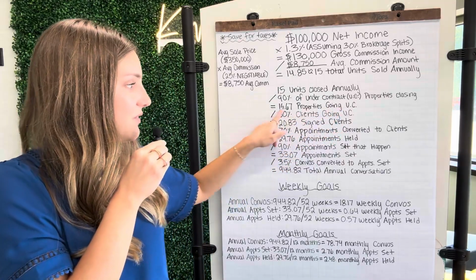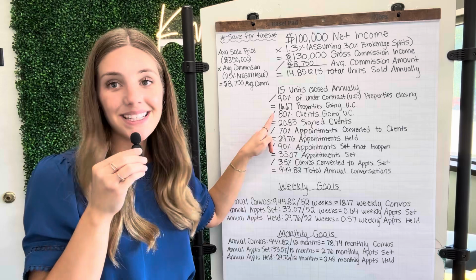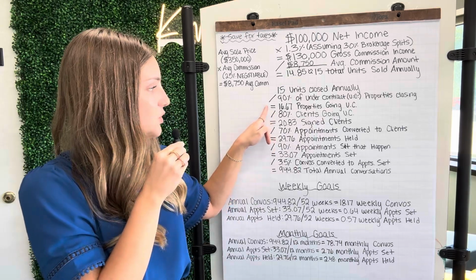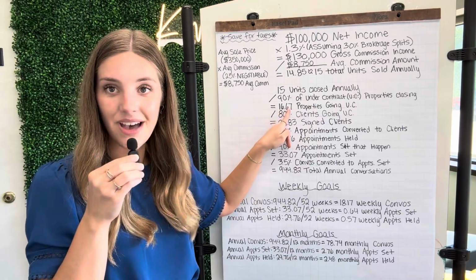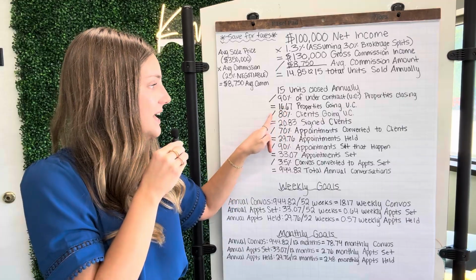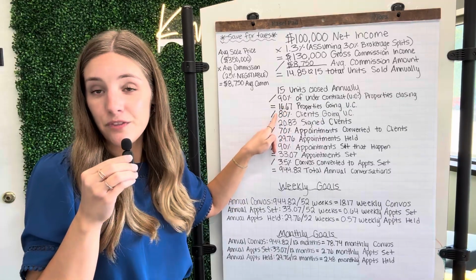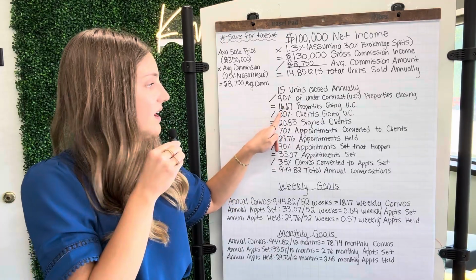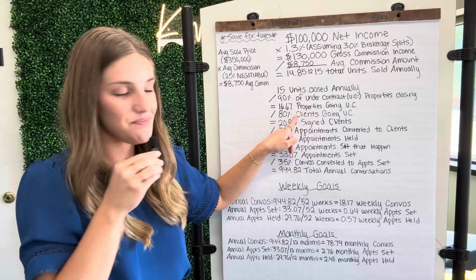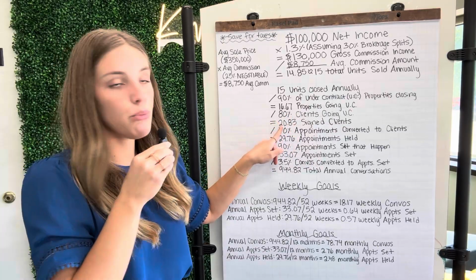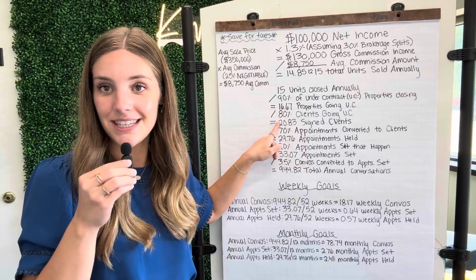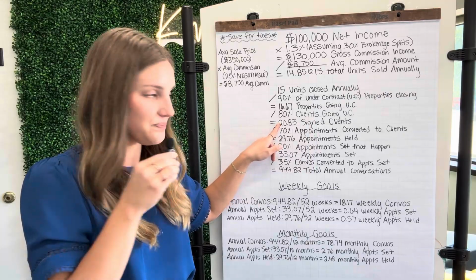Now, the next thing we need to figure out is how many signed clients you need to have. So we're going to take that 16.67 and divide it by a conversion rate of about 80% of your clients going under contract. That gives us 20.83 signed clients that you will need if that conversion rate is true.